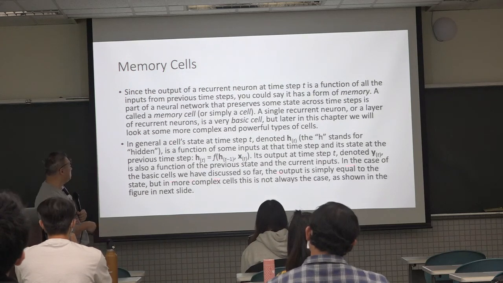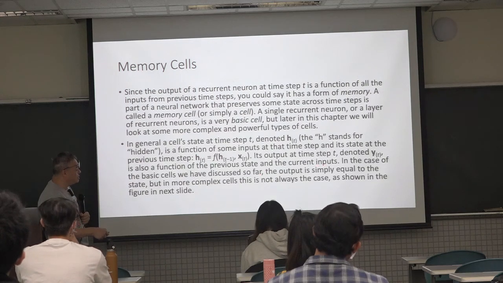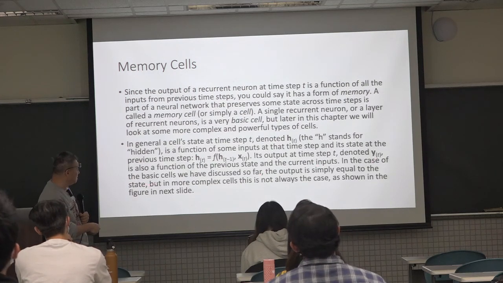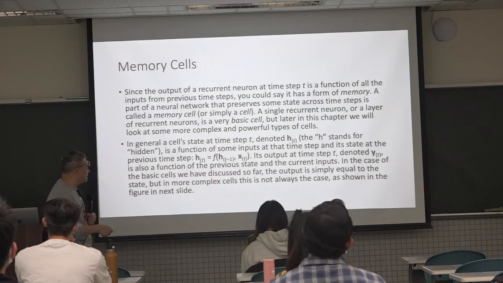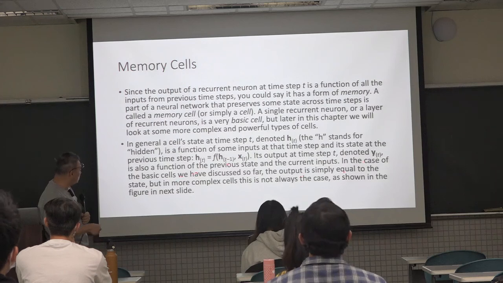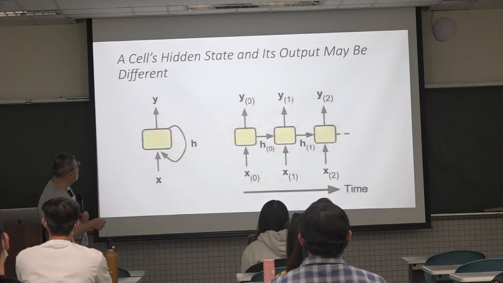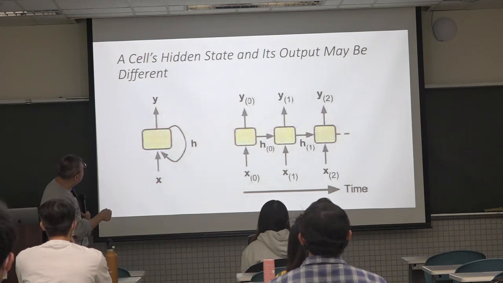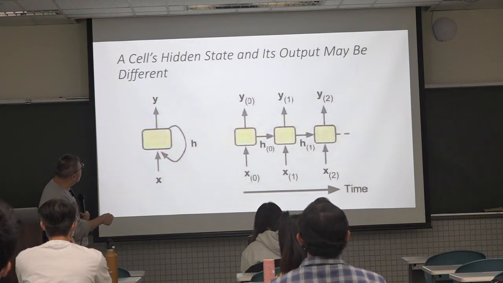So in the case of the basic cell we have discussed, the output is simply equal to the hidden state. But for more complex cells, this is not always the case, as shown in the figure in the next slide. In this slide you can see we have output y, but the hidden state is actually what is fed back to the cell.